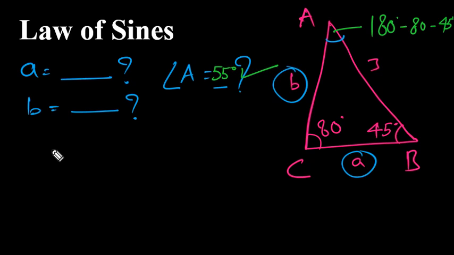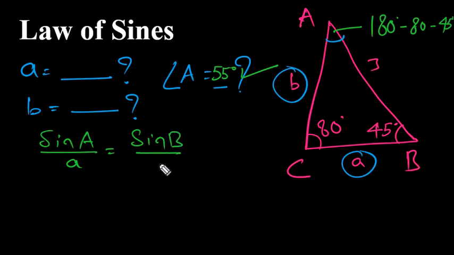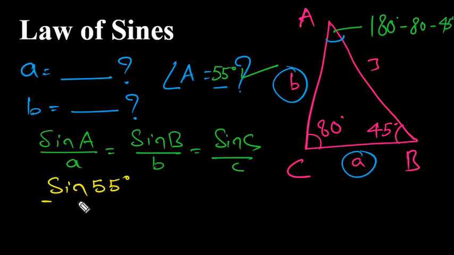Now what is my sine law? Let me write all the equations. Sine capital A over small a, sine capital B over small b, and sine capital C over small c. Let me substitute the values. Sine capital A is 55 degrees over small a, do you know a? No. Sine capital B is 45 degrees over small b.